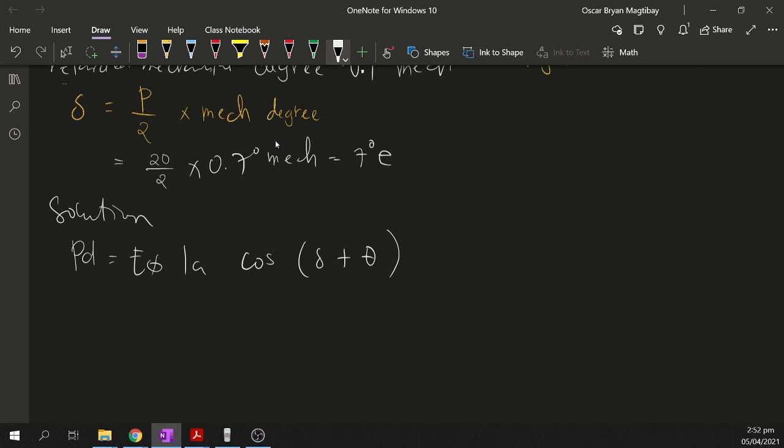Oops, wag nating kalilimutan ang 3 sa ating formula. So this is 3 E phase IA cosine sigma plus theta. So this is our power developed.